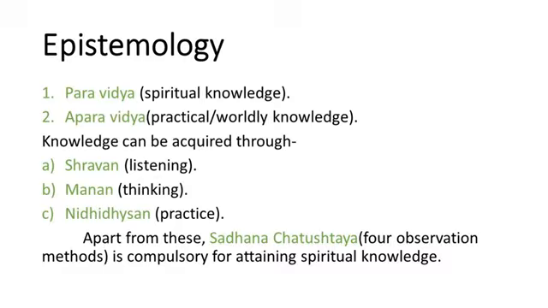And apart from this, Sadhan Chatushtya, the four-fold method, is compulsory for attaining spiritual knowledge, that is, the Paravidya. So this Sadhan Chatushtya is a process in which a person learns the discrimination between real and unreal, learns detachment, trains their mind and senses, withdraws from worldly pleasure, develops focus, and practices basically for enlightenment and liberation.